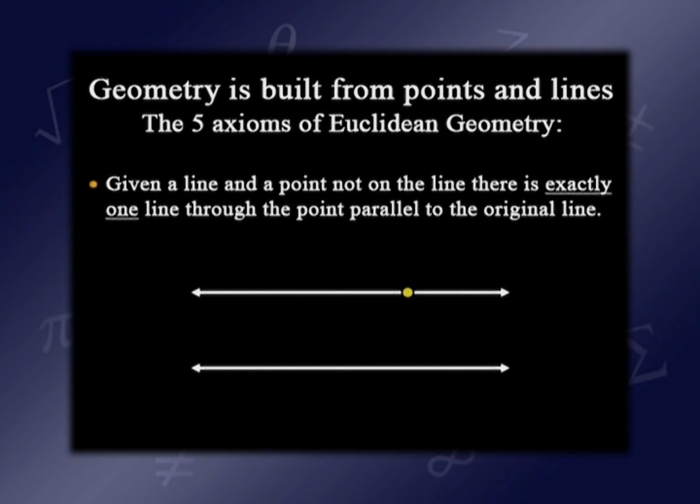Not 2 parallel lines, not 100 parallel lines, just one that goes through that point without touching the original line. By the way, that's equivalent to the axiom that any triangle has the sum of its angles always equal to 180 degrees, and we will use that version of the axiom in some of our subsequent proofs.